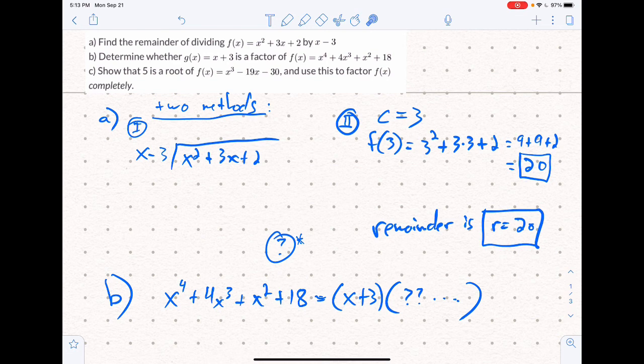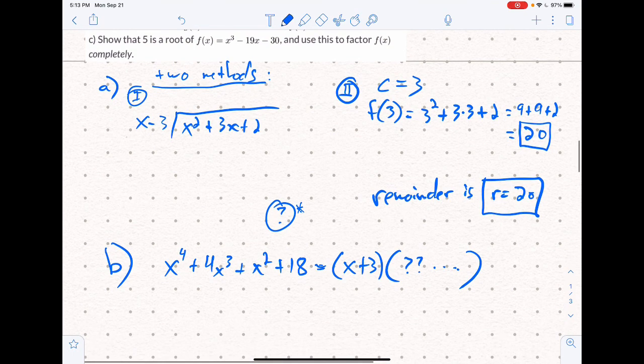However, what we have is this nice fact, which is that x plus 3 will be a factor of this, that is, we'll be able to factor it out exactly, if when we plug in the corresponding number c, we get 0. So let's take a look at what the corresponding number c is.